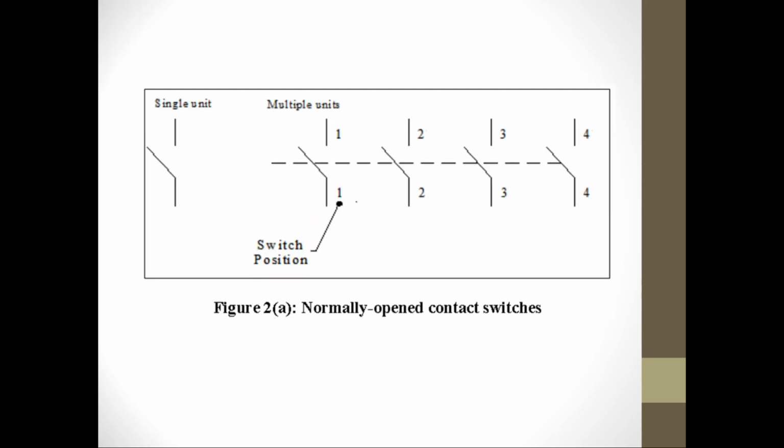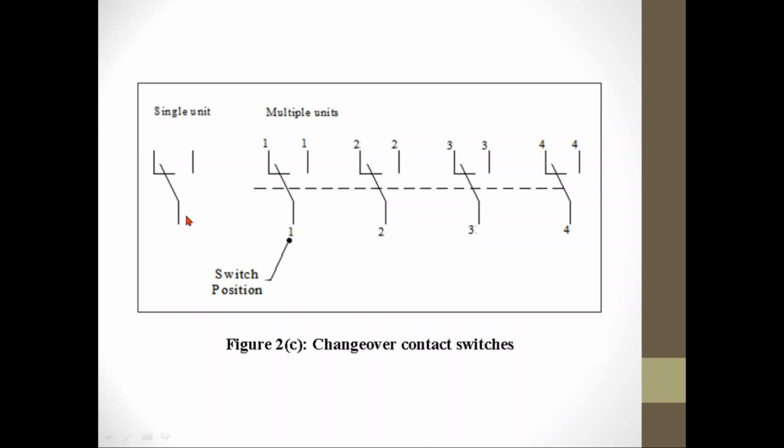So unlike with normally open and normally closed switches, they only provide 2 points. So this point here and this point here. So for normally open, once triggered, this will create a connection between this point and this point. So for changeover contact switch, it has actually three points.